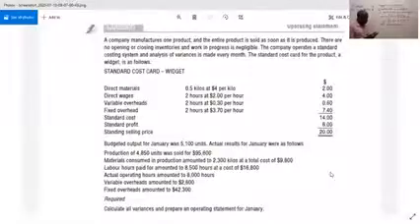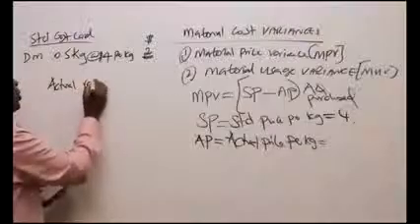They are telling us budgeted output for January was 5,100 units. And then we have the actual results for January as follows.